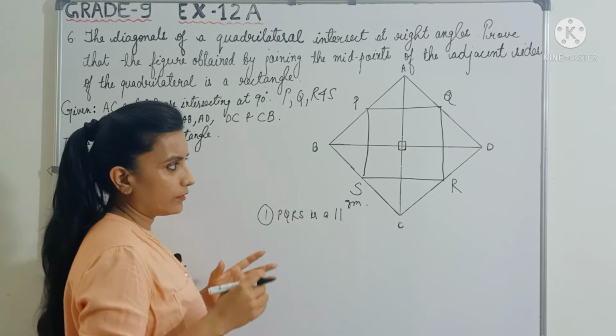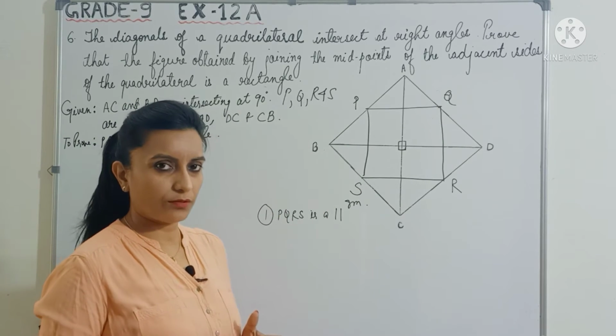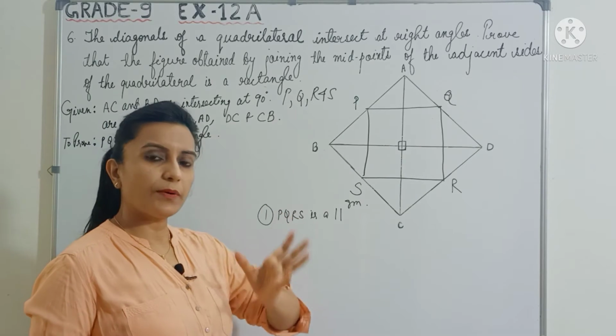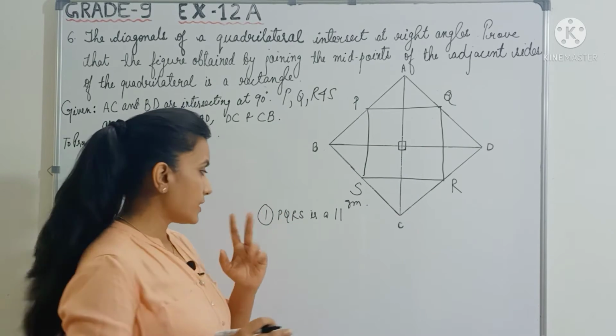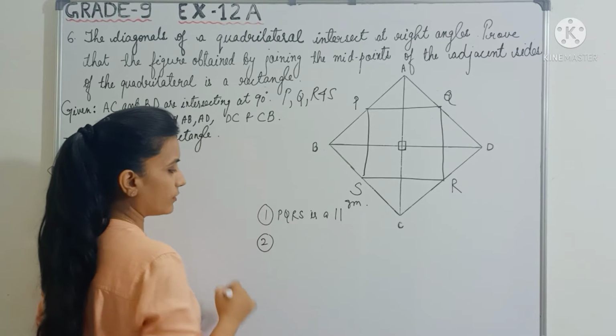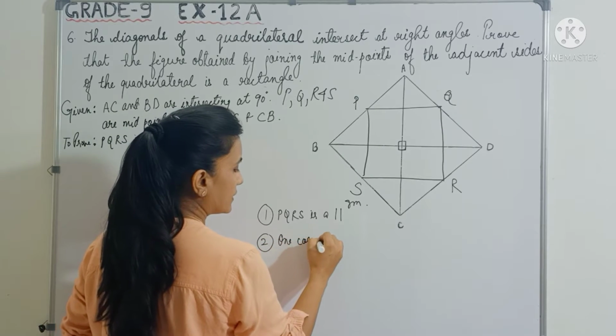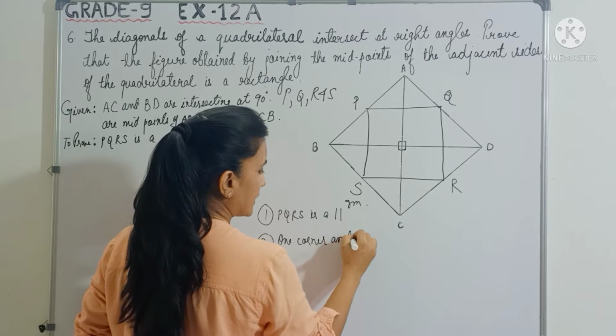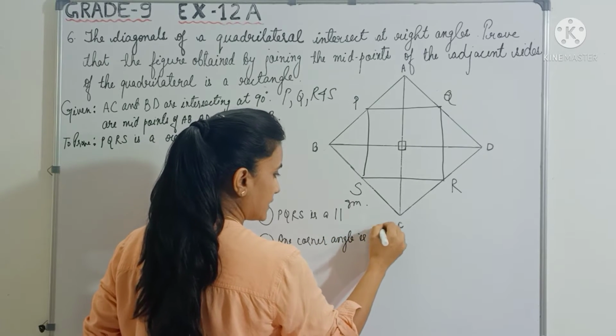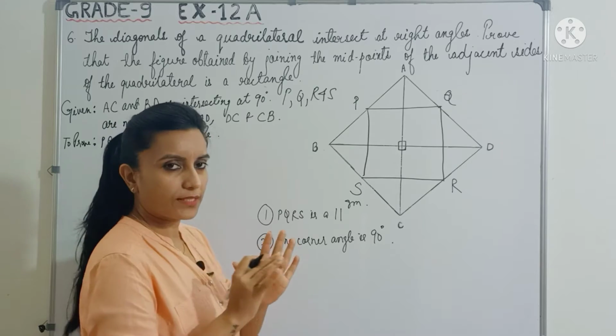We know that a rectangle is a special type of parallelogram. And in that parallelogram, if you show that any one corner angle is 90 degrees, that is enough.